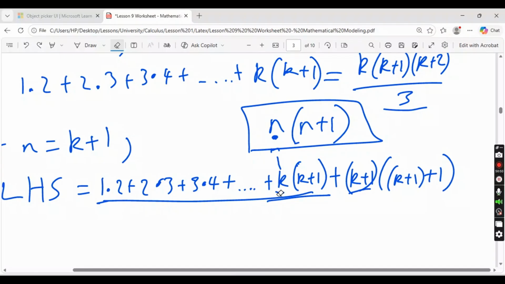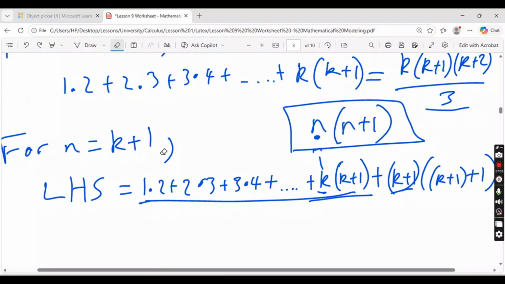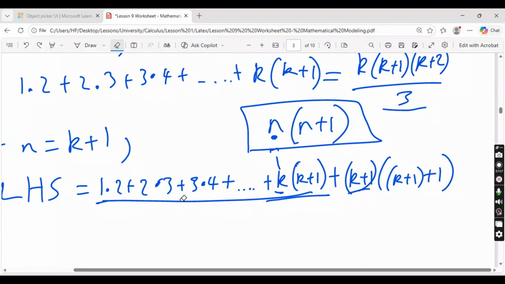No, as in the next question that we do, when we are reaching the third part, when we are solving for n is equal to k plus 1, when we write our statement, should we write it like this, involving when n is equal to k and n is equal to k plus 1, or should I rub this off?